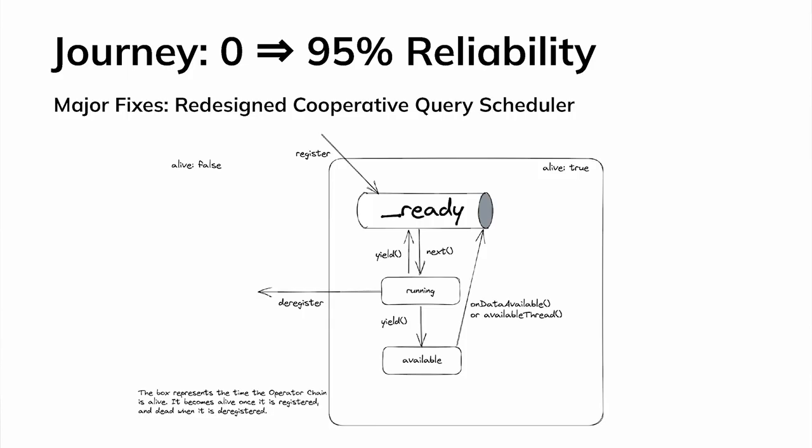The next thing we noticed was a lot of time was actually being spent by the scheduler. The previous implementation of the scheduler was trying to compute what are my next stages I can run, what are the next plan fragments I can run, dynamically and synchronously. And that was very costly the way it was designed.